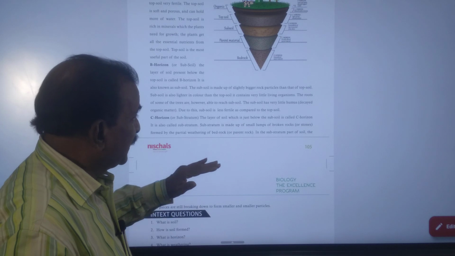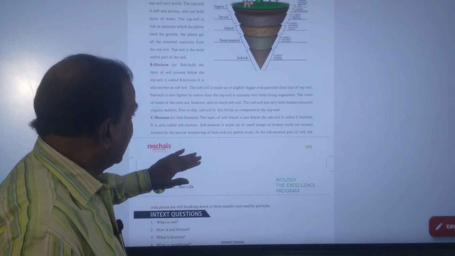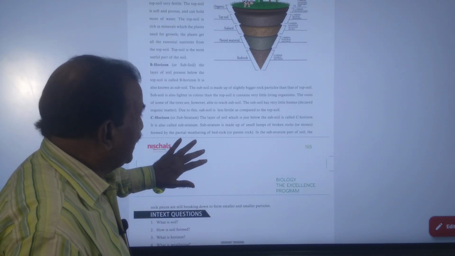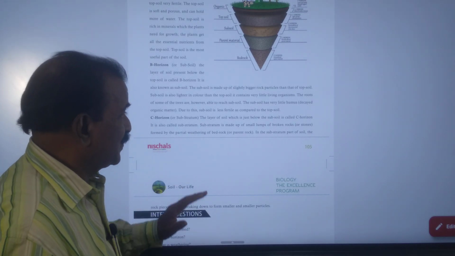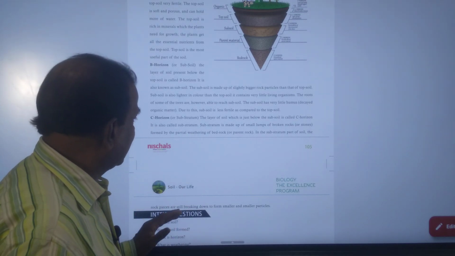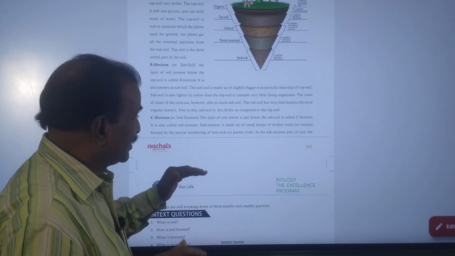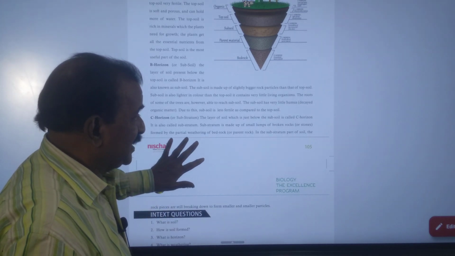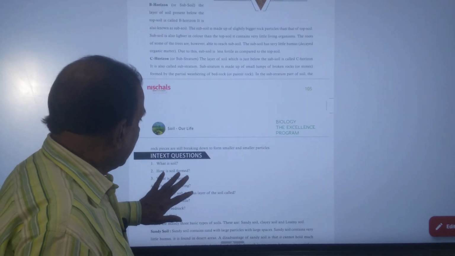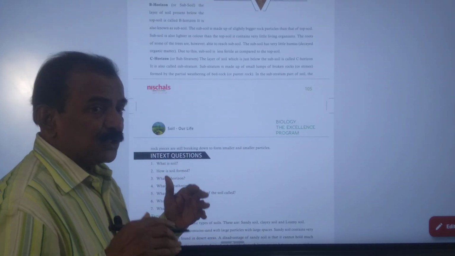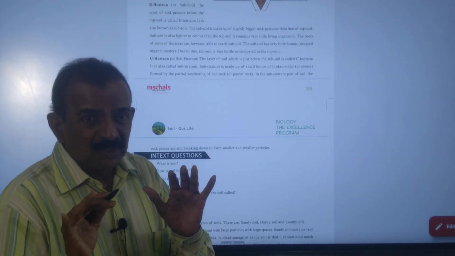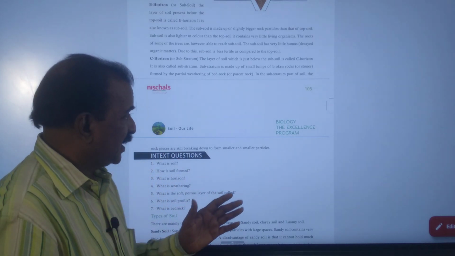The substratum is made up of small lumps of broken stones and rocks, and here weathering of rocks takes place. It is part of the soil and consists of smaller and bigger sand particles and also rock particles.